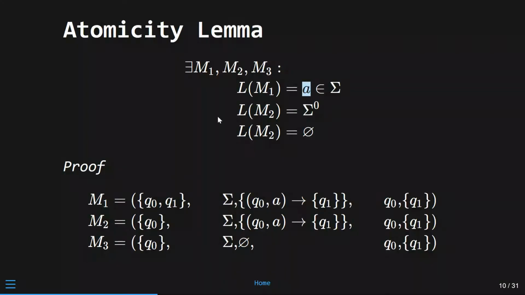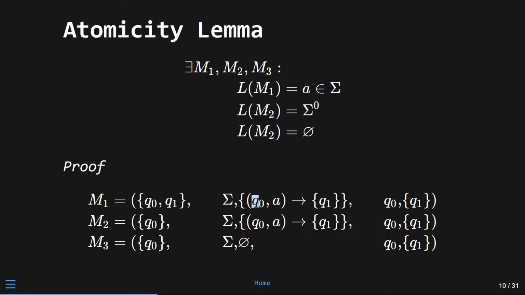Okay, so we have all of these. As what is hopefully a simple enough matter, we quickly construct machines that accept each of these. For the first one, we take A, we place A within our delta.